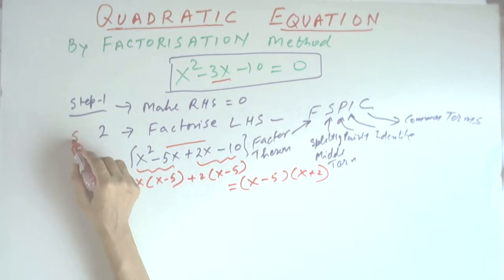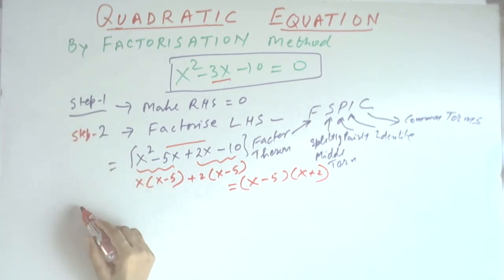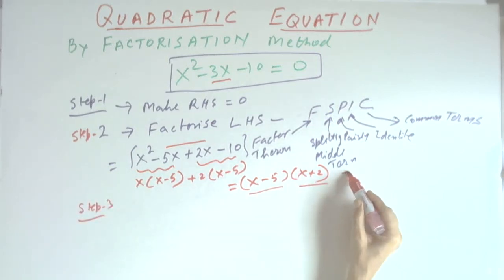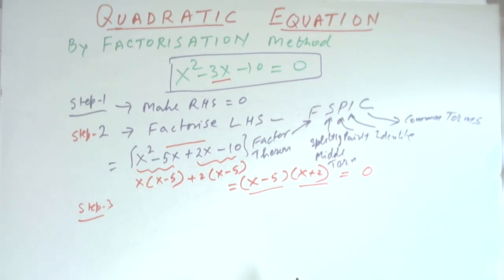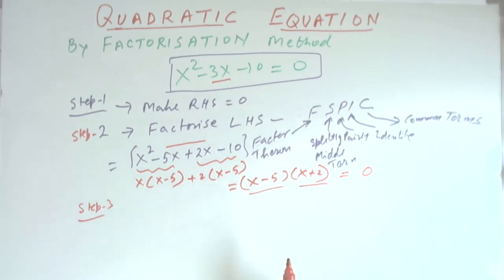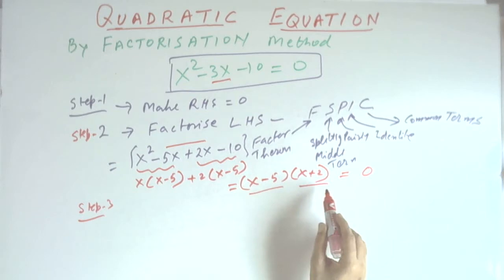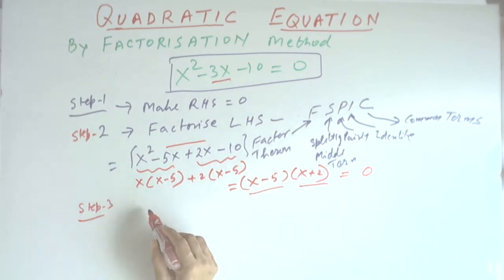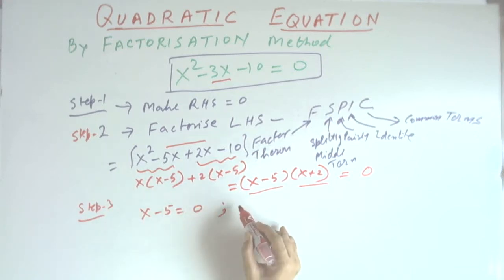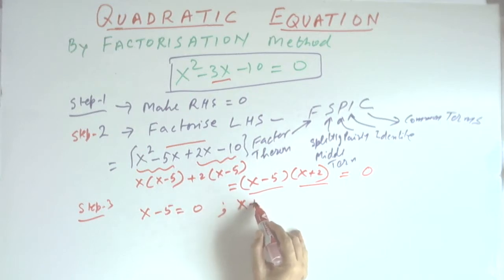So this is step 2. And then step 3 is that each of the factors is now equated to 0. Each of the factors is a linear equation, and it leads to 2 linear equations: x minus 5 equal to 0, and the second is x plus 2 equal to 0.